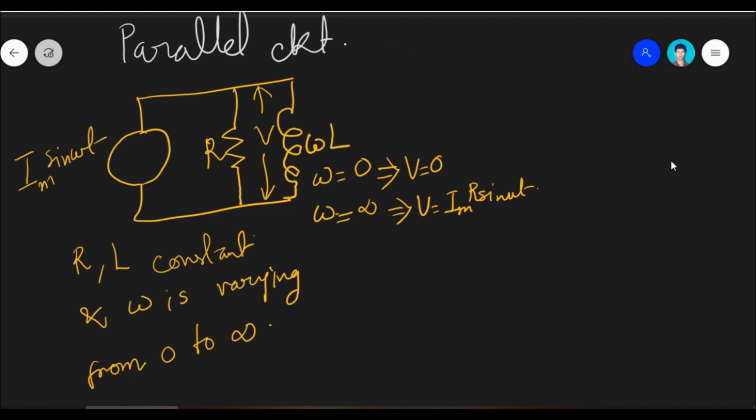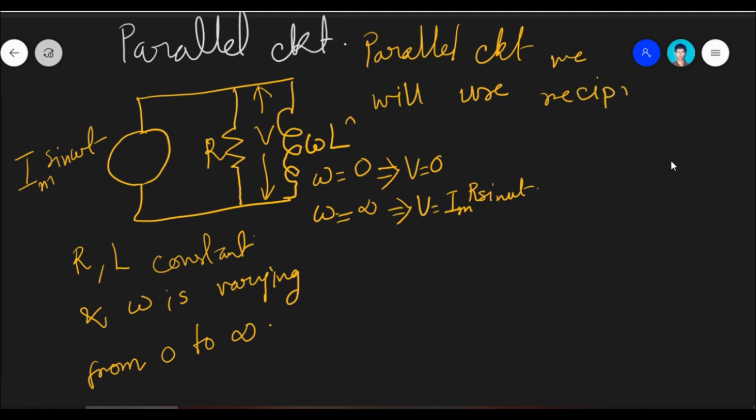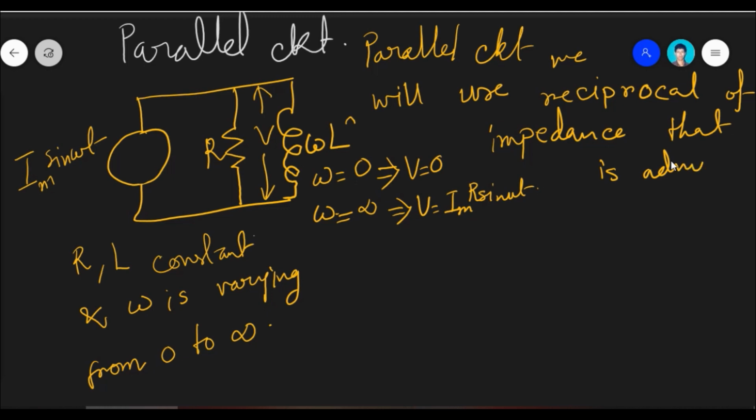Instead of writing the impedance for a parallel circuit, we will use the reciprocal of impedance, that is admittance.